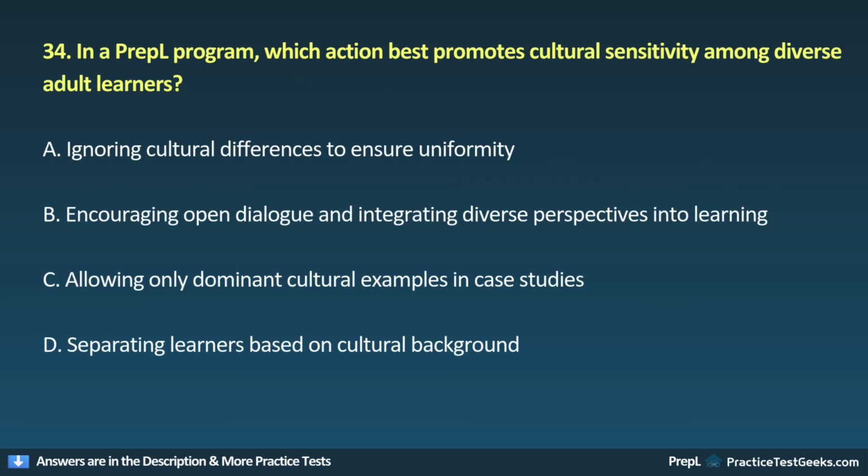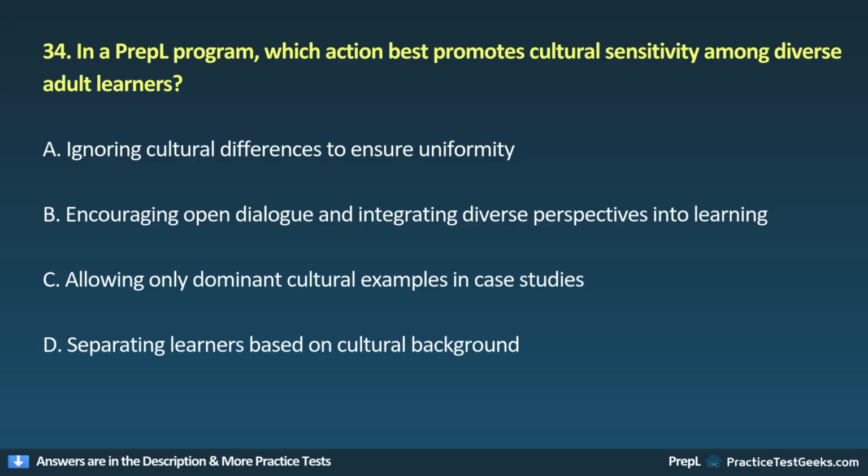34. In a PrepL program, which action best promotes cultural sensitivity among diverse adult learners? A. Ignoring cultural differences to ensure uniformity. B. Encouraging open dialogue and integrating diverse perspectives into learning. C. Allowing only dominant cultural examples in case studies.